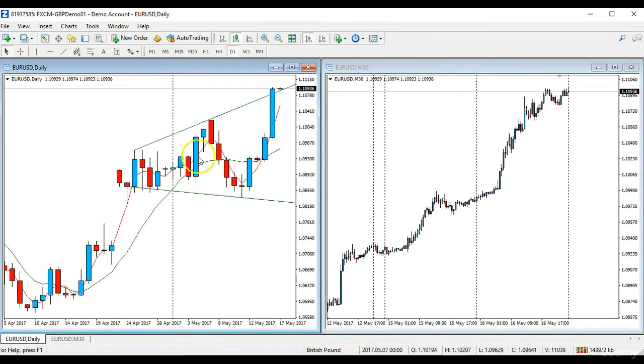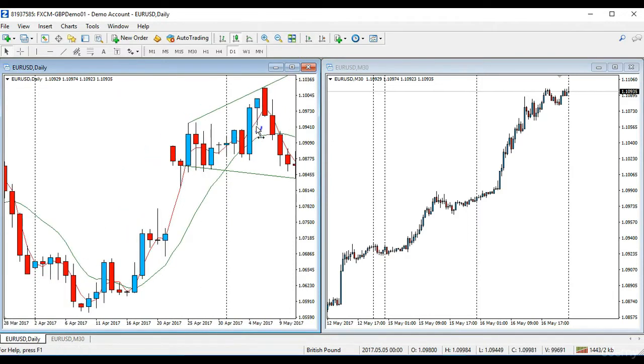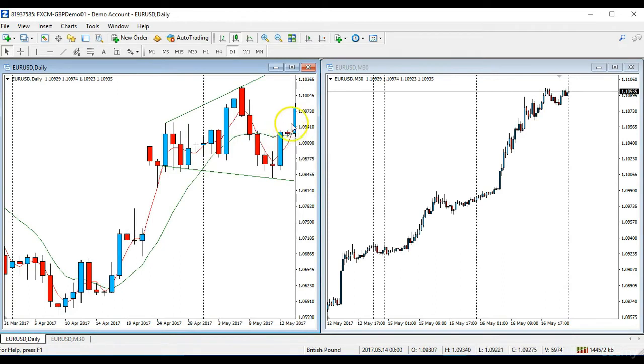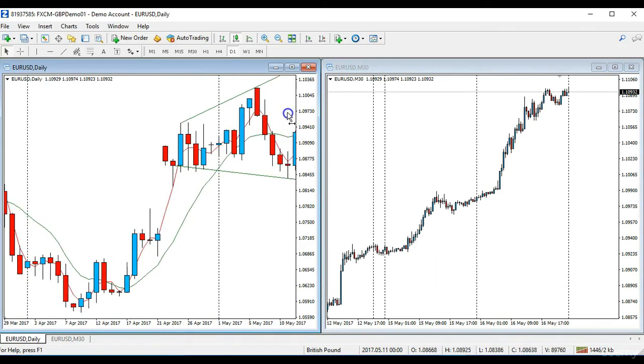So here, for example, if we go back, we didn't know after this candle what price was going to do next. But the thing is, we could see by drawing these two lines here that a megaphone channel had formed.